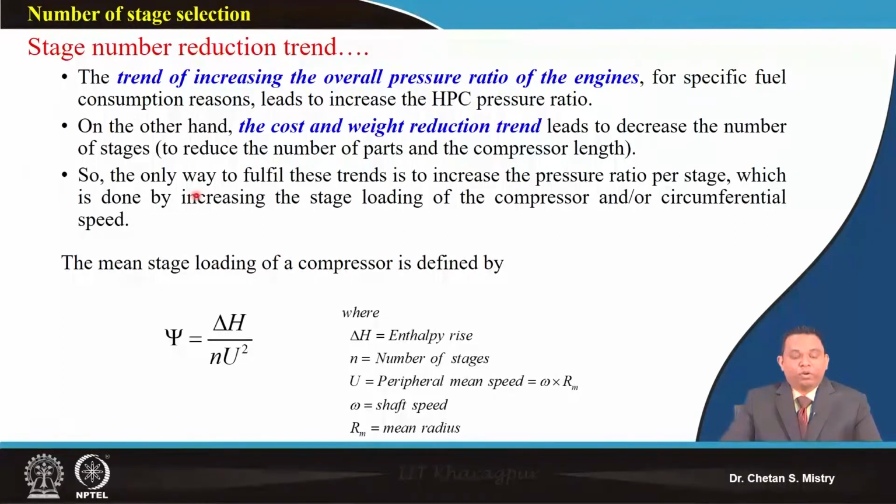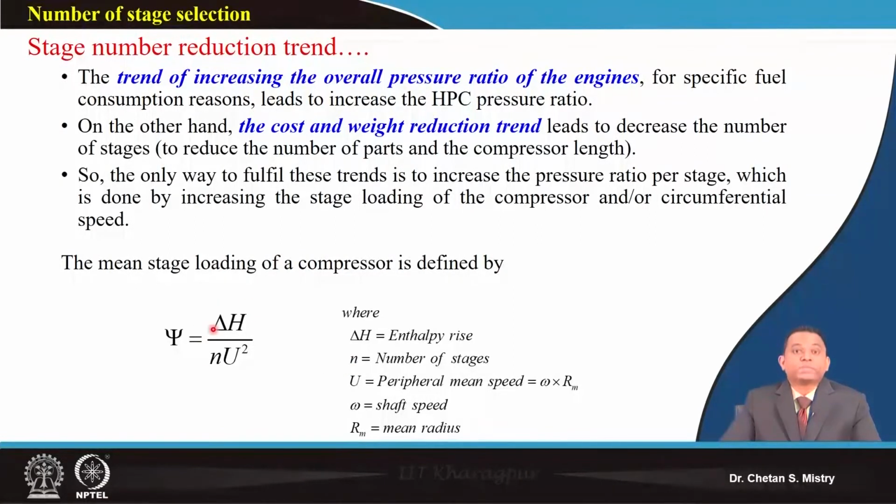The only way to fulfill this requirement is a larger per-stage pressure ratio. So we have introduced a parameter called the mean stage loading factor for the compressor. Here, this represents our mean stage loading factor, where delta H is my enthalpy rise and N is my number of stages.